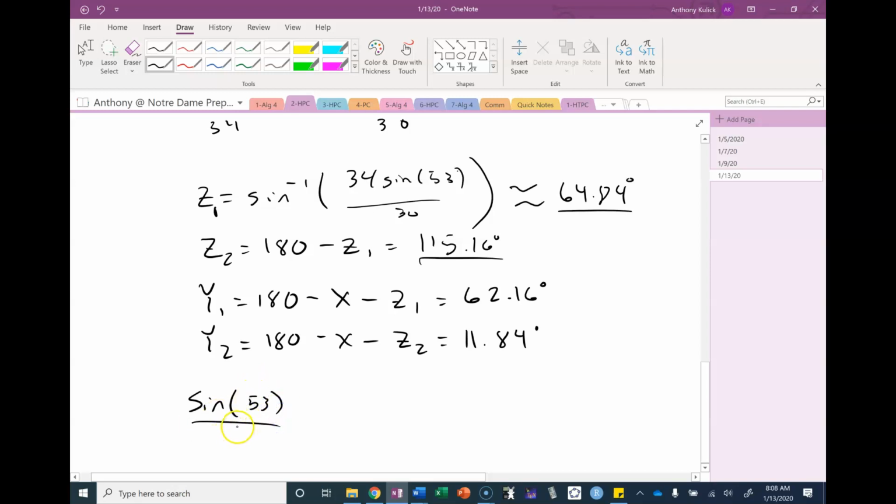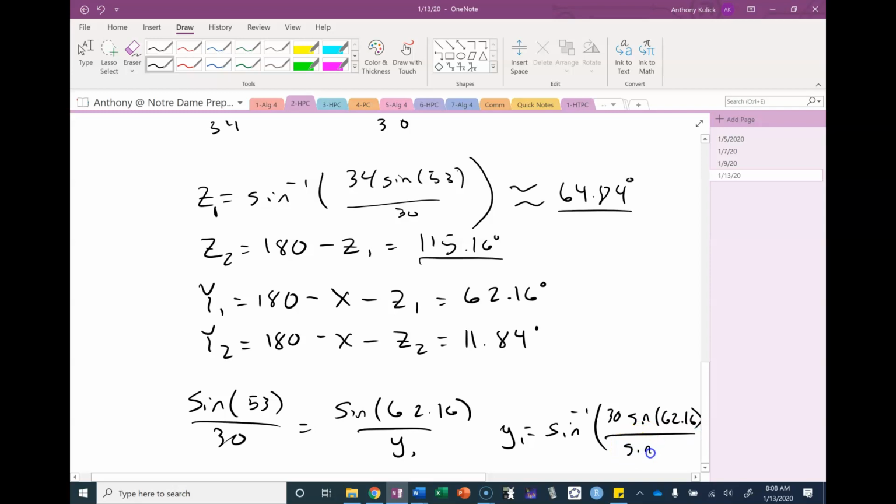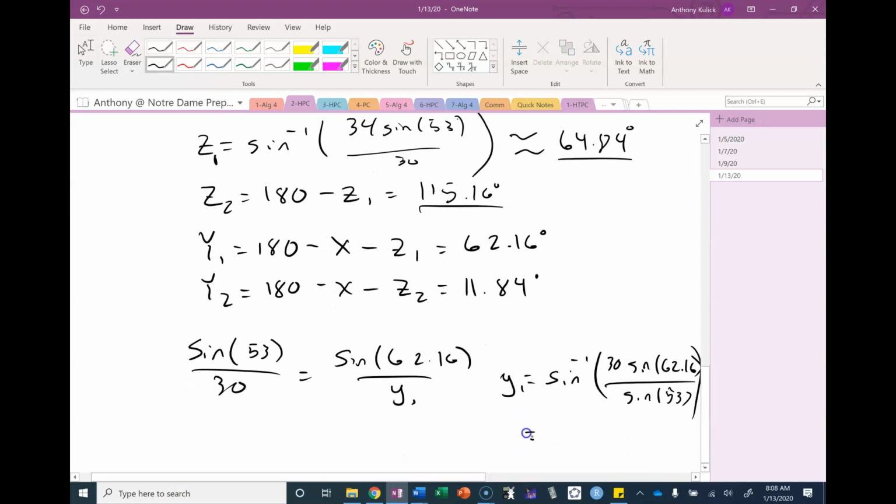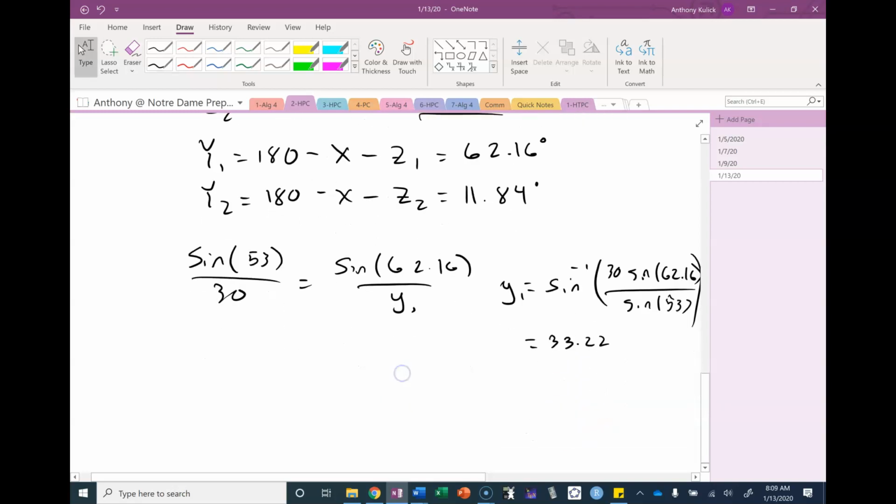So I can say sine X over X is equal to sine Y over Y. When I cross multiply, divide, and take the sine inverse, I get this. And when I type that into my calculator, I get 33.22.